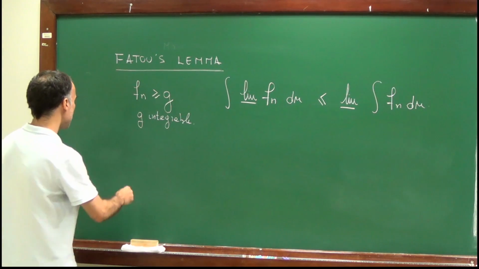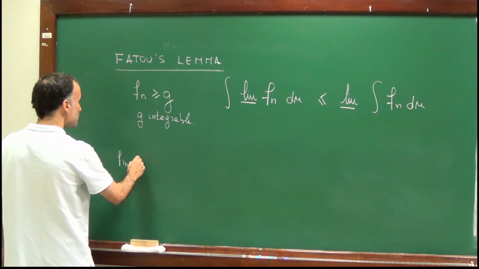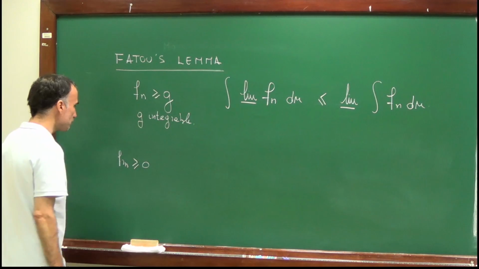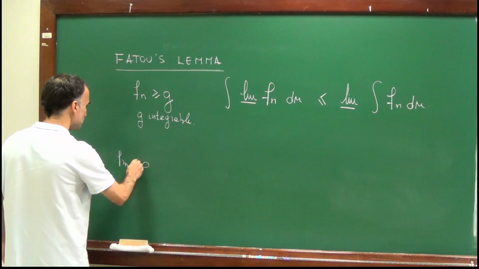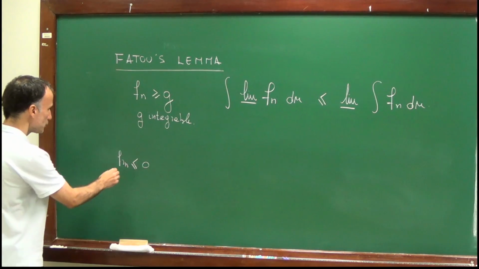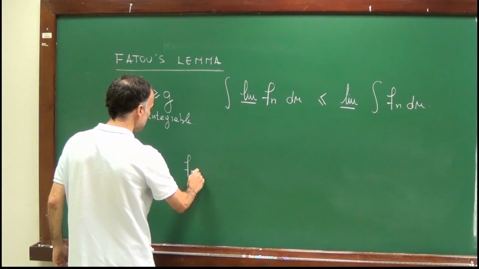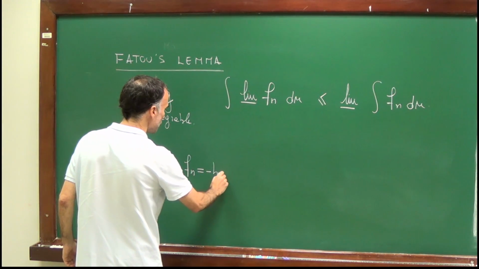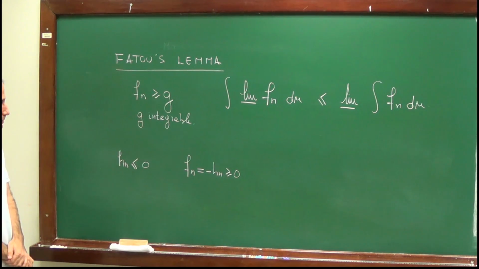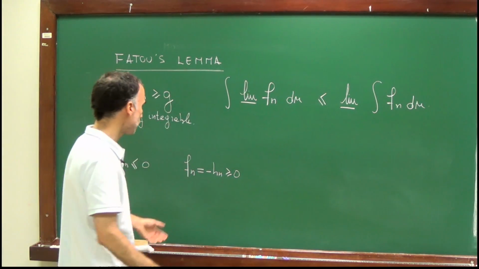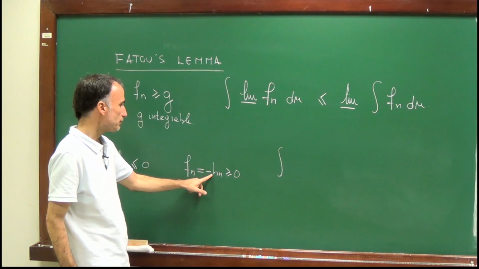So let's assume that we have a sequence hn which is negative. So this is hn, and let me write fn as minus hn, which is now non-negative, and let me just state what Fatou's lemma tells us in terms of hn.